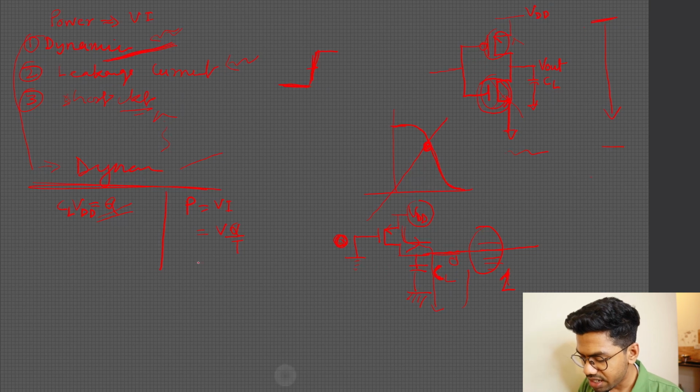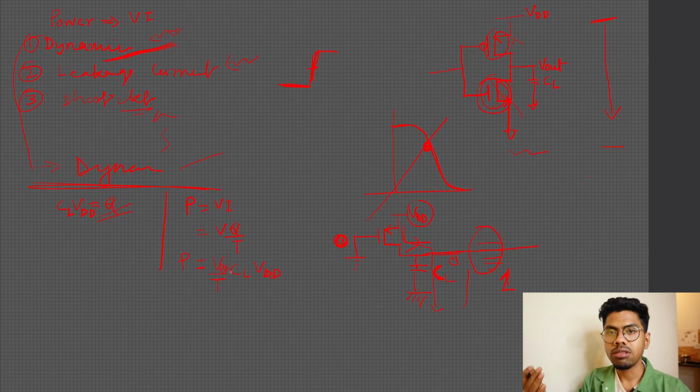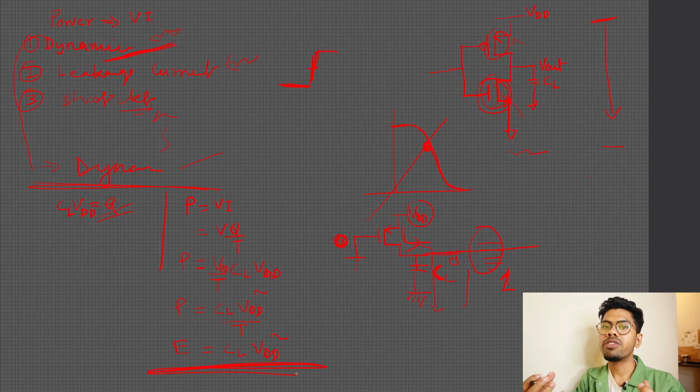Or you can see that your Q is this, so that means the total power which needs to be drawn from VDD is V into Q by T, and Q is already CL into VDD, and this V is also VDD, because we are drawing power from VDD, which implies the power is CL VDD square by T, or the energy, which is power into time, is CL VDD square. So that is the energy we are drawing from our VDD.